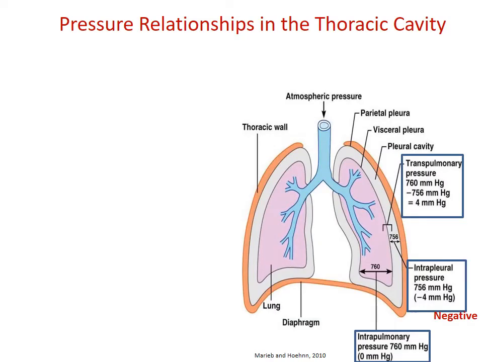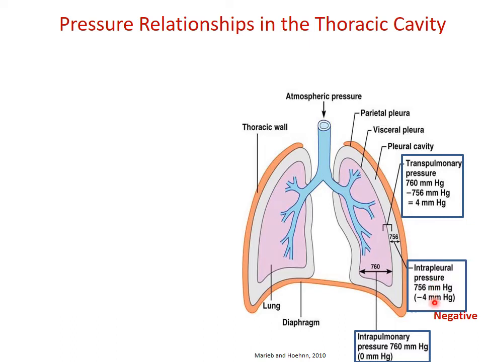Now let us see the pressure relations in the thoracic cavity, which we have already seen in the previous slide also. You need to remember that these are the various pressures. The parietal pleura and visceral pleura: in between is the pleural cavity, and the pressure in the pleural cavity is called the intrapleural pressure.